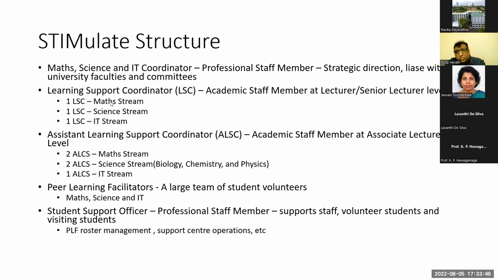So for each stream, there is a learning support coordinator. Under each learning support coordinator, there are assistant learning support coordinators. They are the people who actually work with the peer learning facilitators and doing all kinds of things.